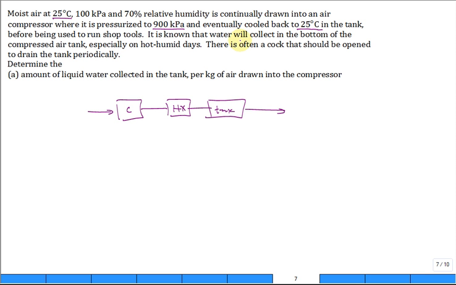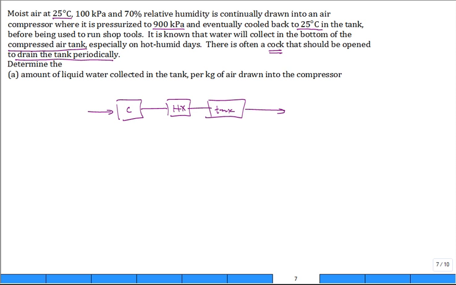It is known that the water will collect in the bottom of the compressed air tank. Anybody had experience like that? Yeah. It's a shocker. If you own a compressor, they'll have a little drain valve on the bottom, and they'll tell you to open that valve and drain the tank every now and then. No, that's when you shut it off and the pressure drops a lot, and you're not trying to open it when it's running.